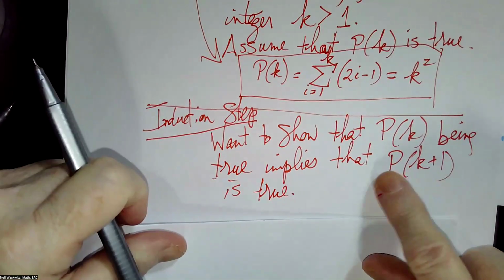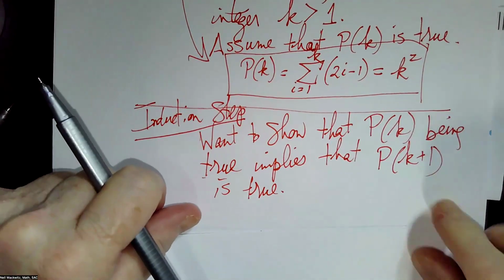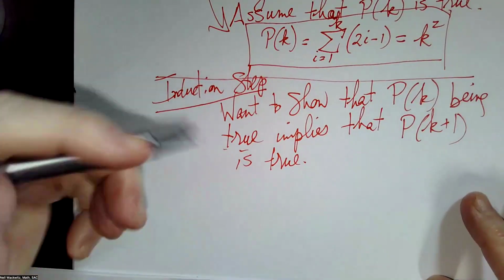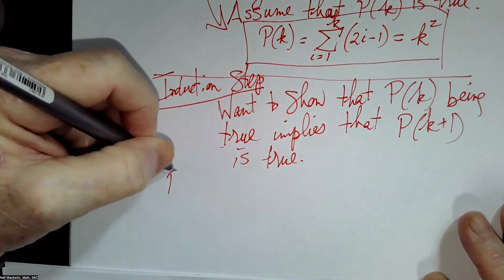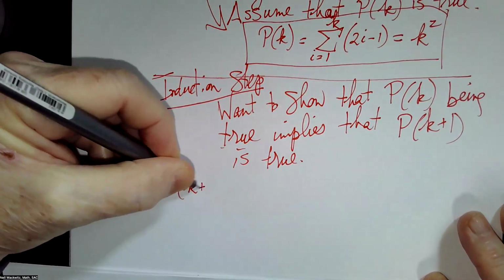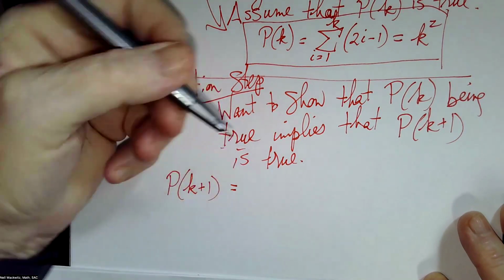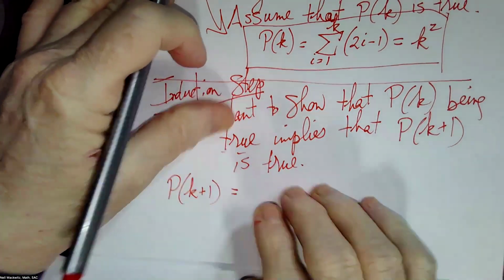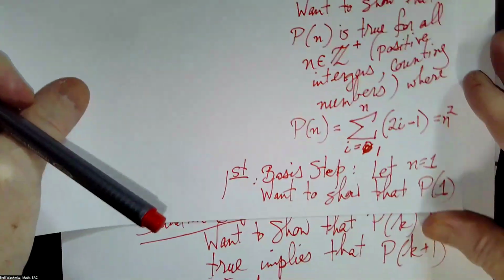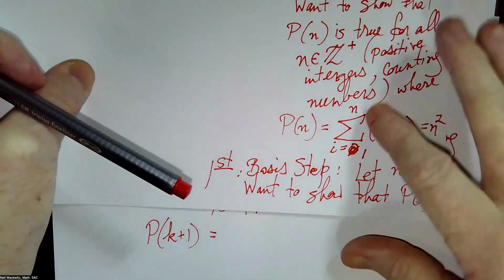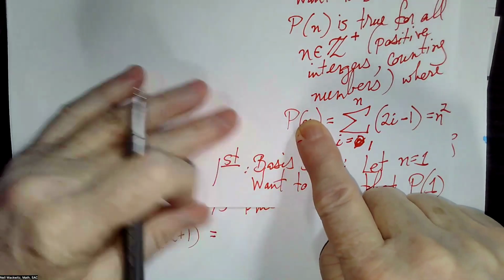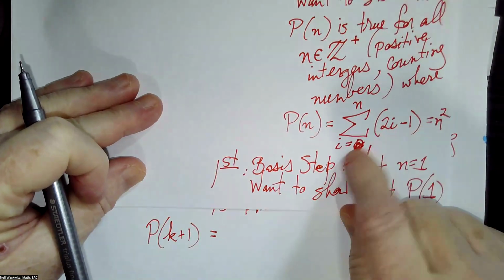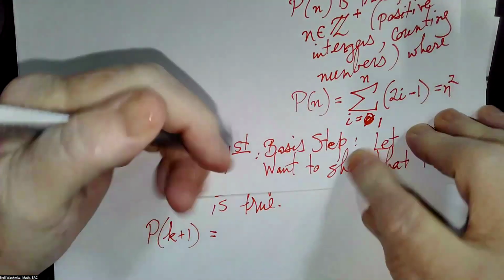Well, it'll help us to write what P of k plus 1 looks like. So let's write P of k plus 1. Well, we're going to use this rule again. And we're going to replace n with k plus 1s.